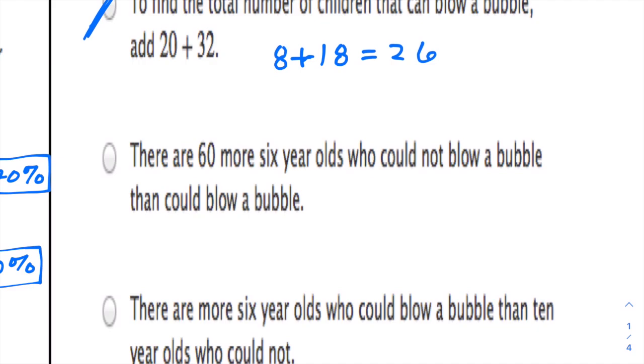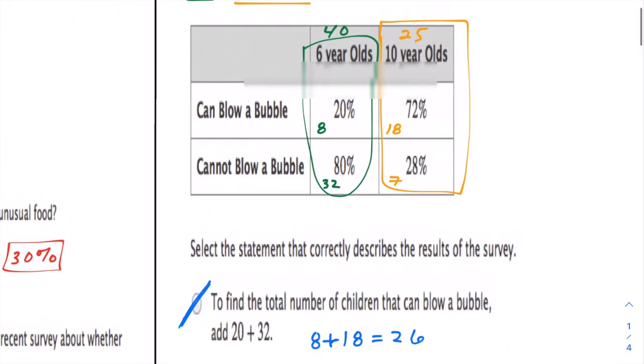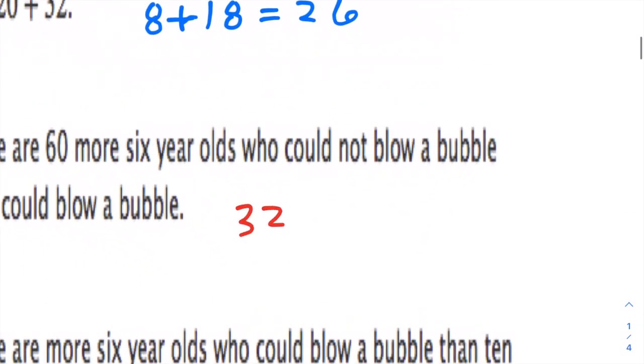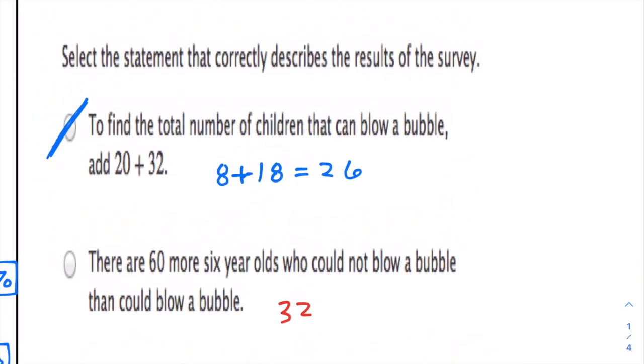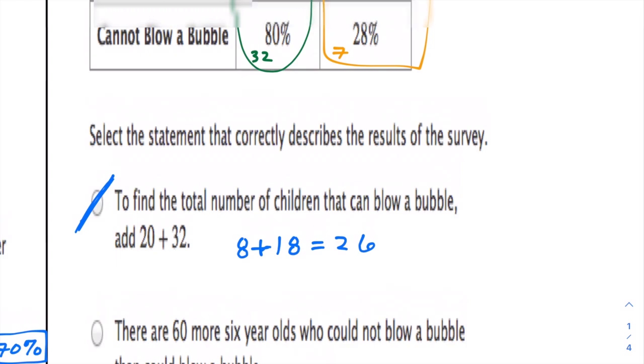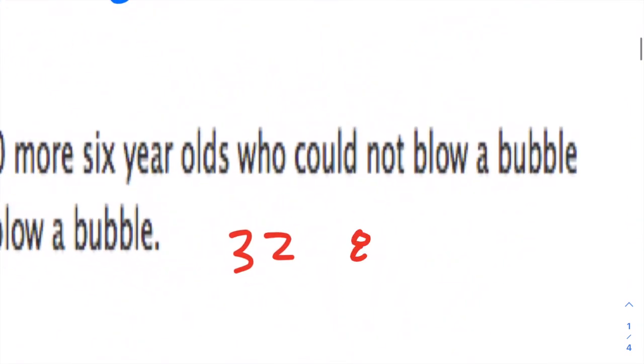There are 60 more 6-year-olds who could not blow a bubble than could blow a bubble. All right, so let's take a look at the 6-year-olds. The ones that cannot blow a bubble, there are actually 32 kids. And then the ones that can blow a bubble, there are 8 of them.